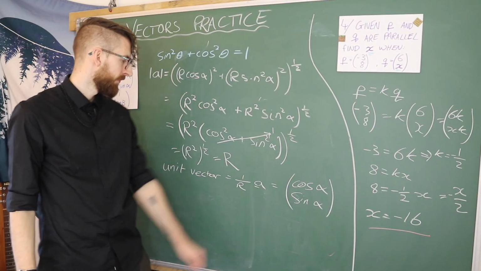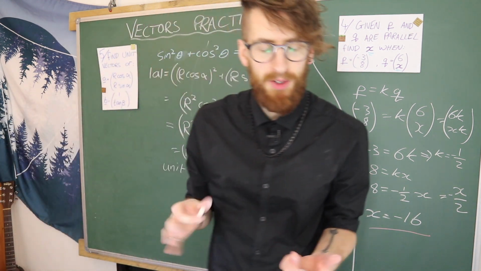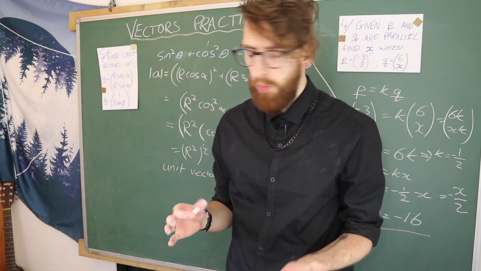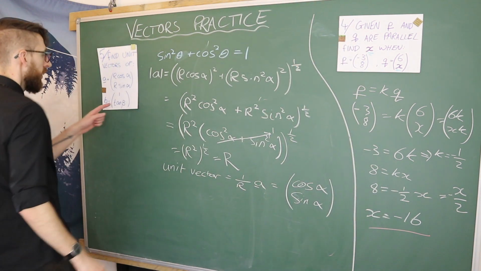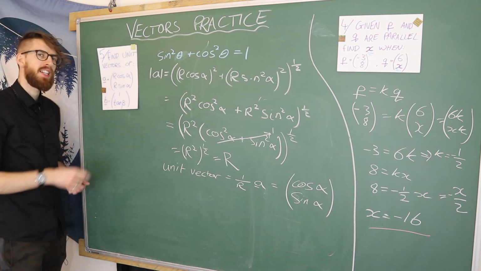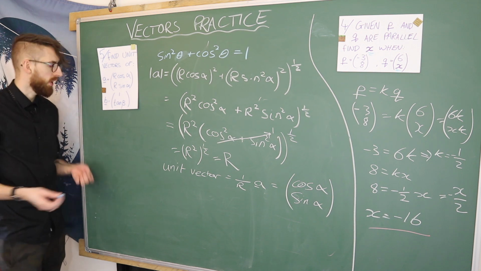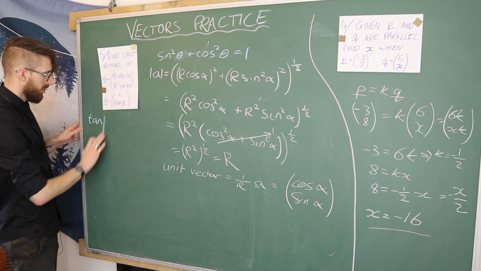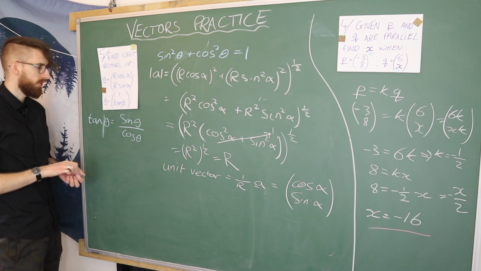And that's it. So now we're going to move on to B, but B is a little bit more unusual. We'll be able to squeeze it in. Now we've got tan, so let's think, we had to use an identity there, might we need an identity here? What is tan? Well, tan is sine over cos.